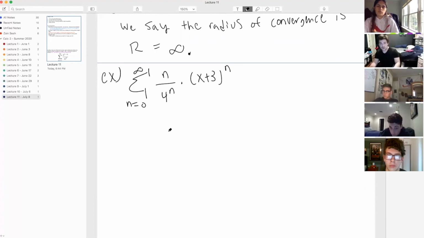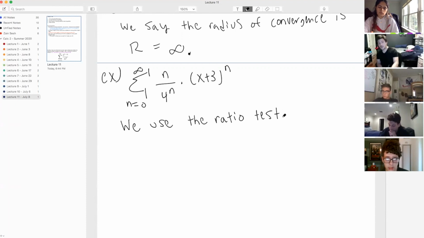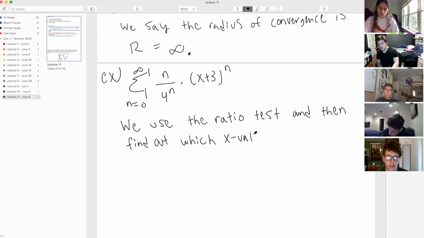Well, what we do is we use the ratio test on this series. We use the ratio test and then find out which x values make that limit, capital L, less than 1.